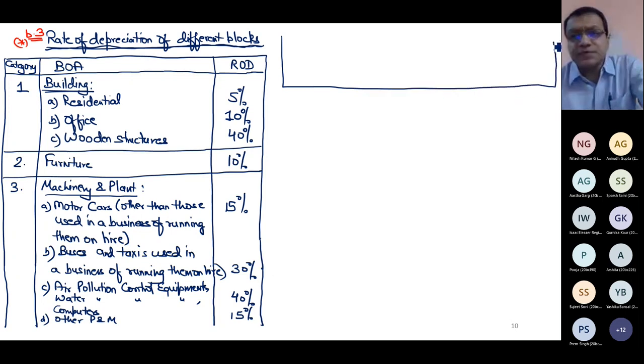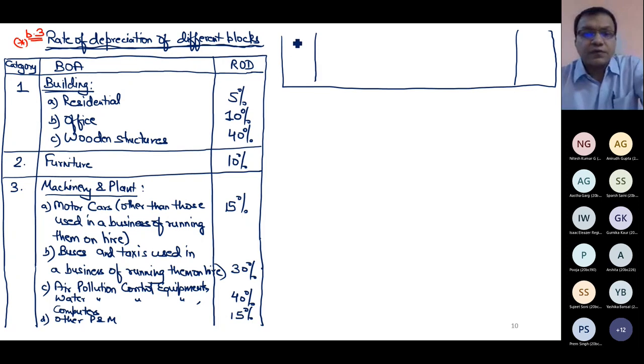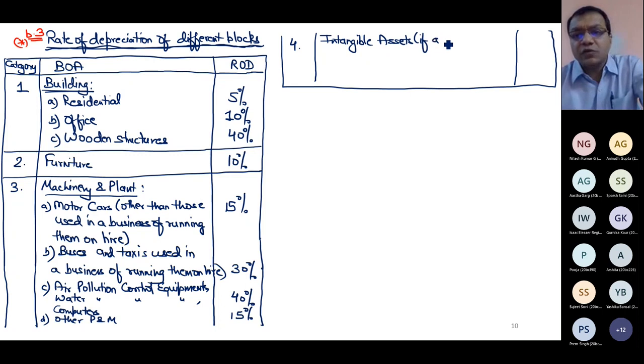And now intangible. Category 4, intangible assets. If acquired, do you remember the date? April 1998.